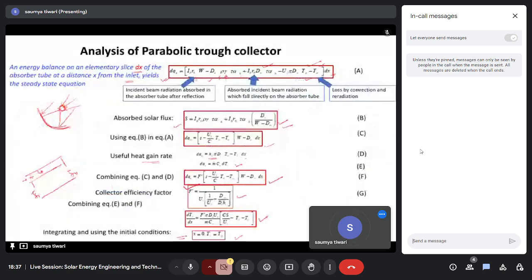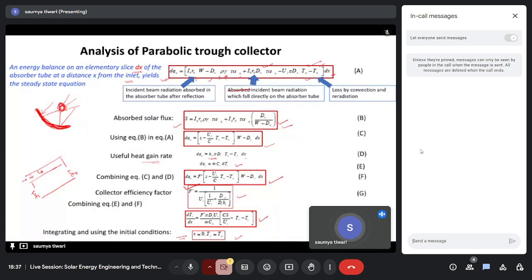Now we will do the basic energy balance, where we note that we are considering both the beam radiation absorbed in the absorber tube after reflection from this parabolic trough collector, and also the direct beam radiation falling onto this absorber tube.